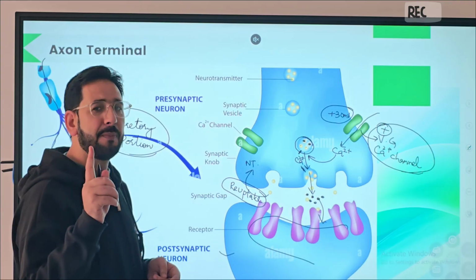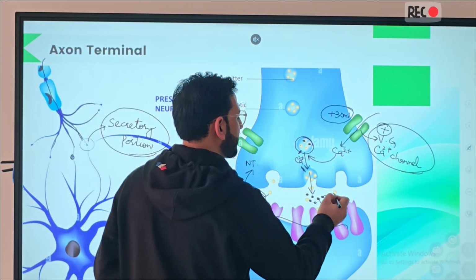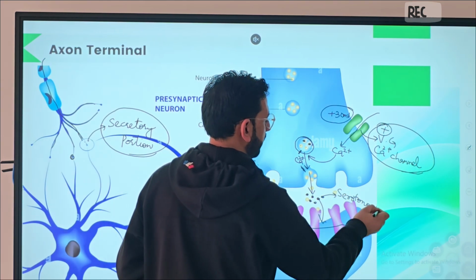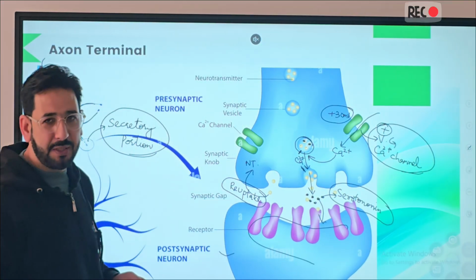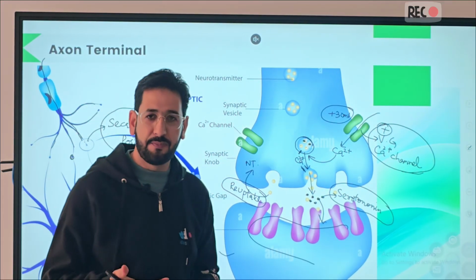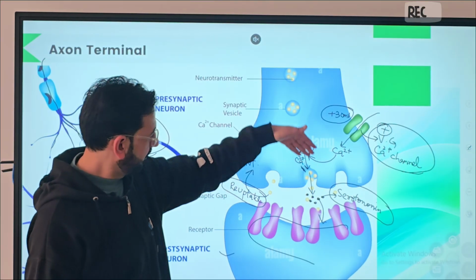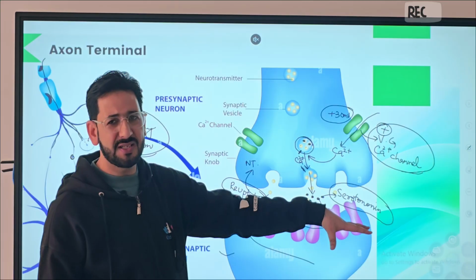Now, there is a clinical implication of this. For example, there is a neurotransmitter called serotonin. Serotonin makes us happy. It makes our mood good. For example, the serotonin is released and it has made its action on another neuron in the central nervous system.